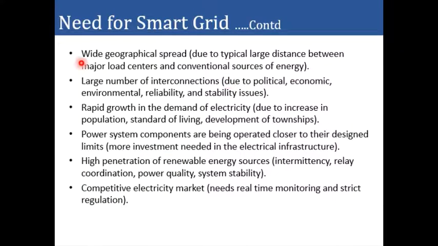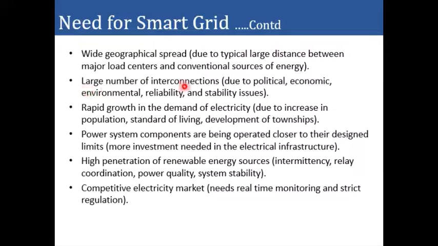The reason is that we have now wide geographical spread of the power system network. So when we have the power system network large in size, it means that monitoring and control of that power system network is a difficult task. And with the help of our conventional resources, we cannot maintain the proper monitoring of that large power system network.